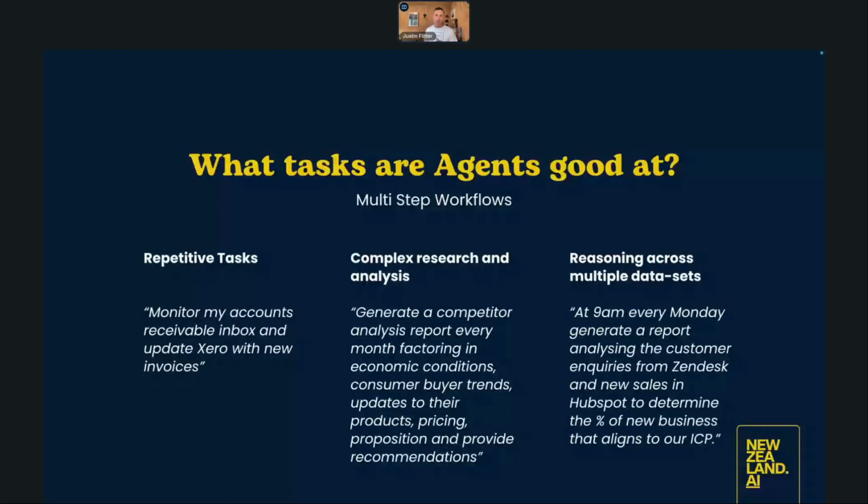Or it might be sentiment, or are there any particular problems? All that kind of stuff could be identified by connecting up different data sets, reasoning through some decision logic to be able to generate some insights there automatically, right?